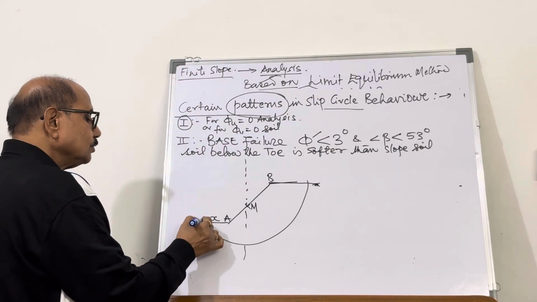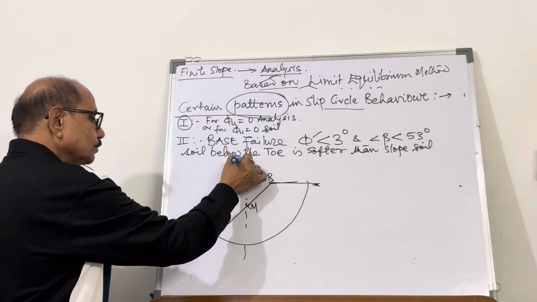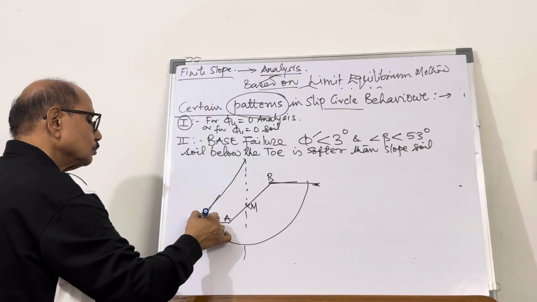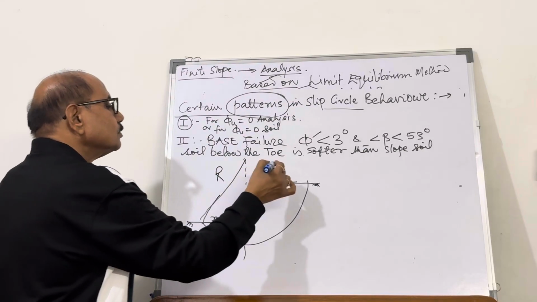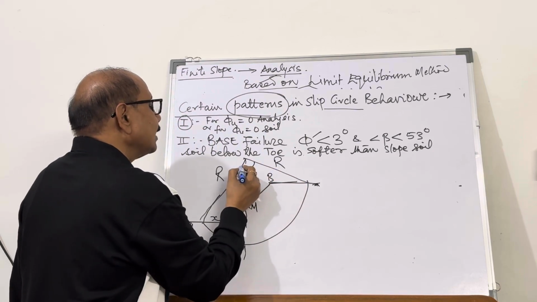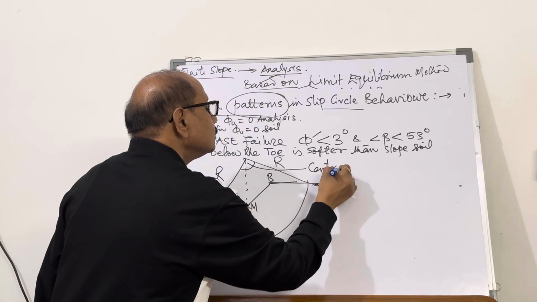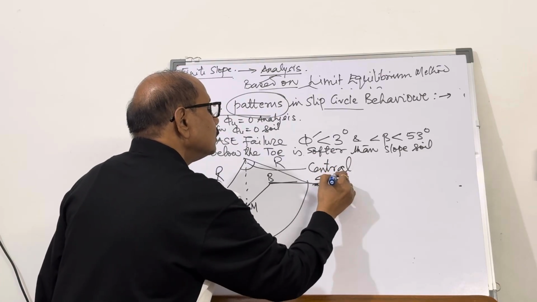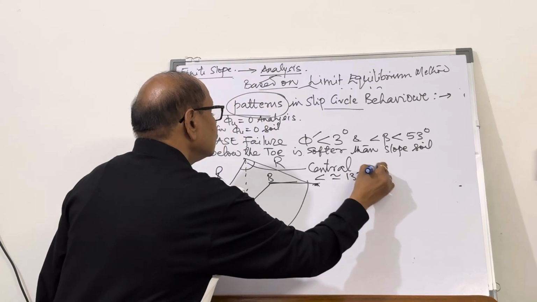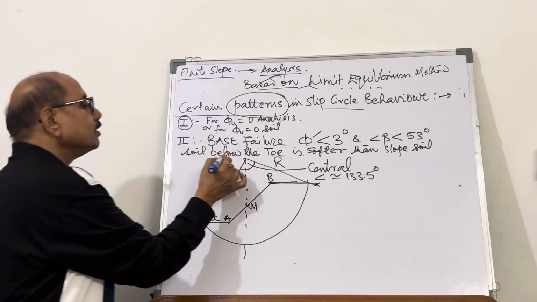And then you are going to have the radius and radius, and this angle is called the central angle, which is approximately 133.5 degree. So this is the center of rotation.